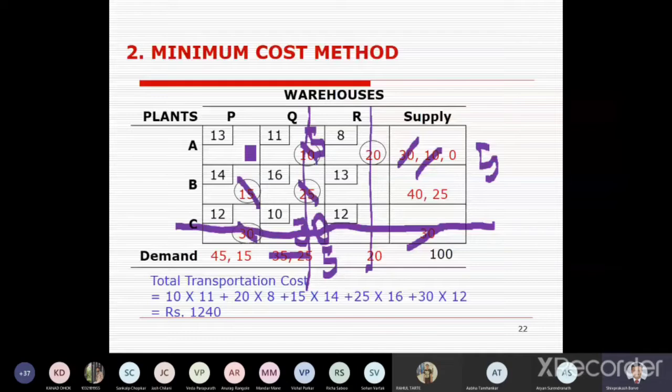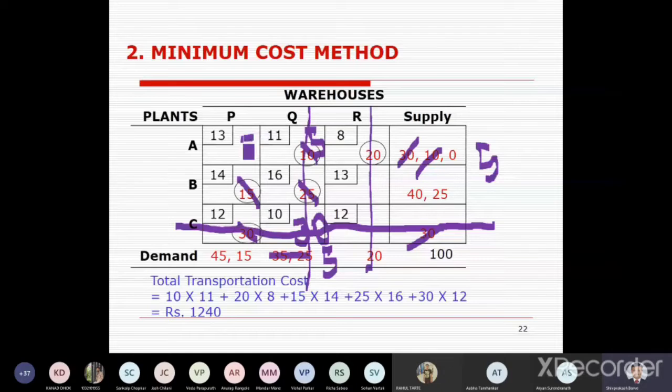And now you have only 2 cells balance, that is AP and BP. Out of these AP and BP, AP is less. 5 is balanced here, and here it is 45. So out of this, 5 is minimum.